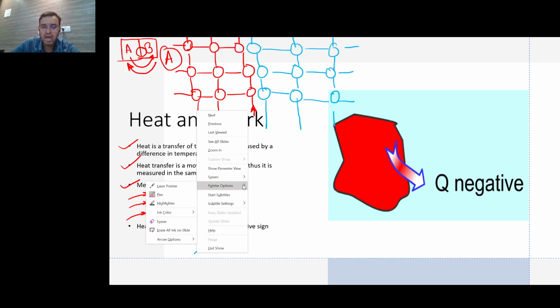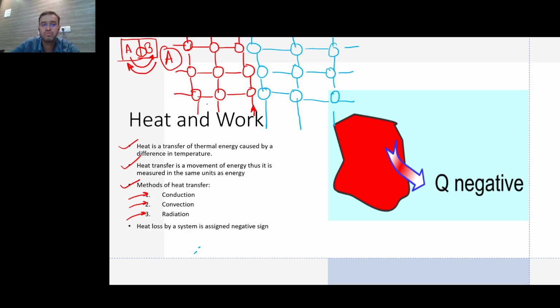Now, if you recall our concepts of thermodynamics, the way we talked about heat, what is implied by higher temperature? That the average kinetic energy of the molecules of A is greater than the average kinetic energy of the molecules of B. Now at the interface, each of these molecules are in contact, or in close proximity to each other.